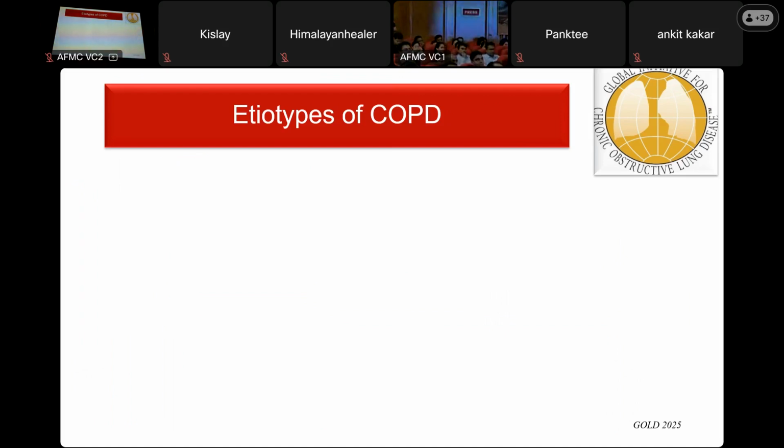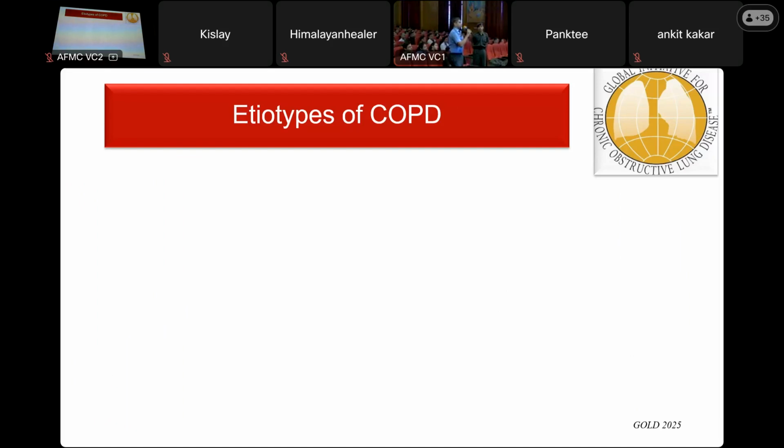Abhishek. So based on etiology, the first is COPD-G, sir, which is COPD genetic, related to deficiency of alpha-1 antitrypsin. Then is COPD-D, sir, which is related to development, which can be because of low birth weight and premature delivery, sir.